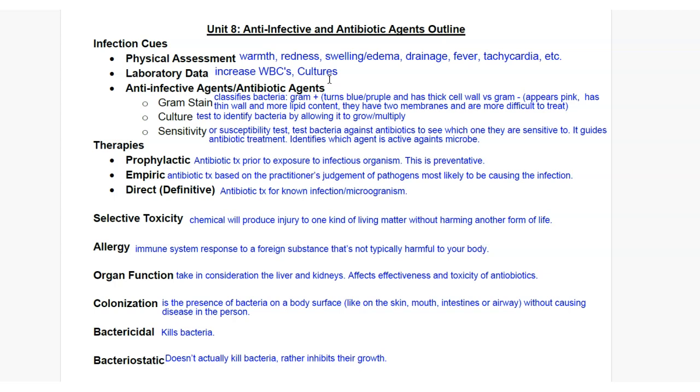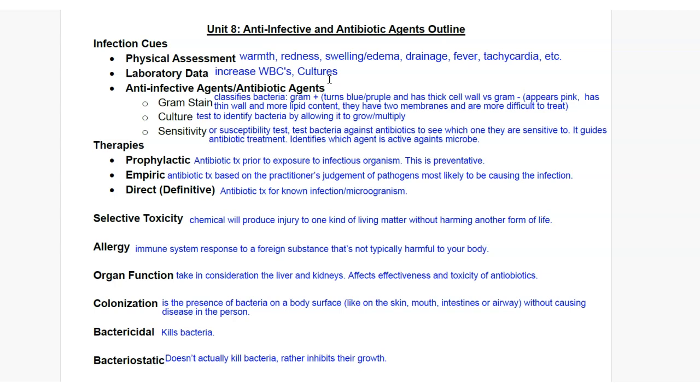Let's start with gram stain. Gram stain is a test that allows us to classify bacteria as gram positive or gram negative. During the test, they add a dye or a stain, and it turns the bacteria different colors. Depending on the color, it tells us if it's gram positive or gram negative.